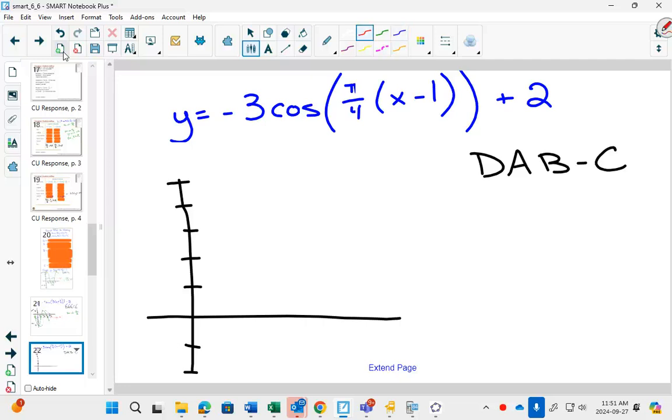But now we can go to our D value and label y equals 2. The D is done. Even though there's a -3, your amplitude is still +3. I'm going to go up 3 and get to 5. That's my max. Down 3 to -1. That's my minimum. My amplitude is done.